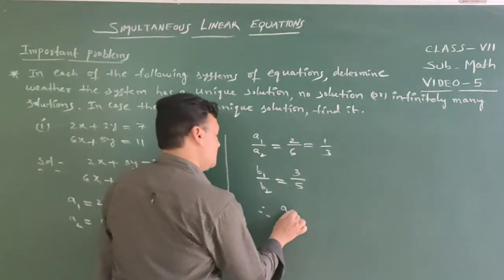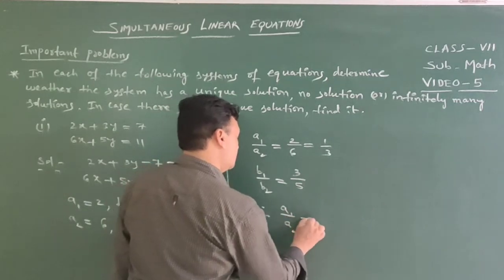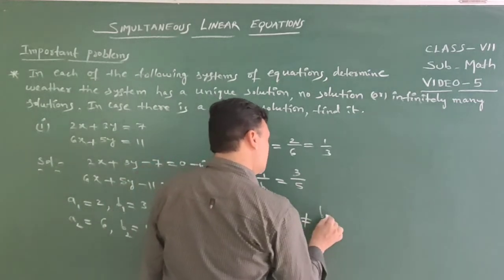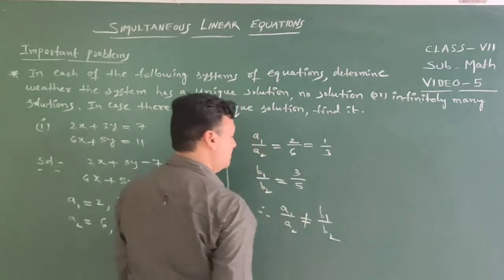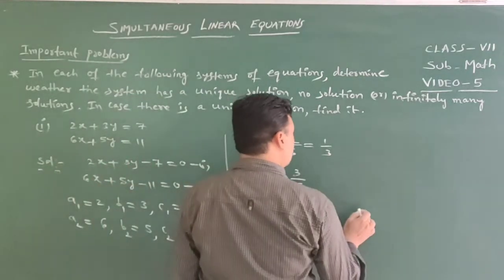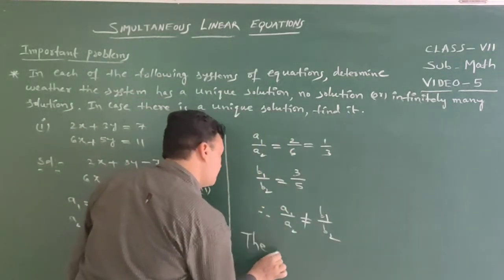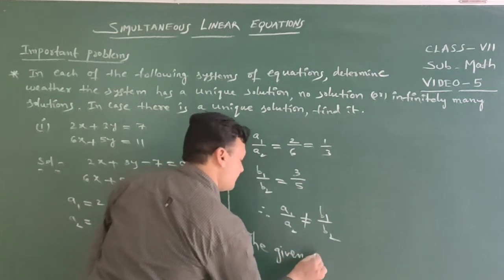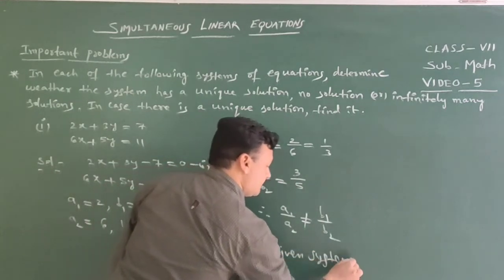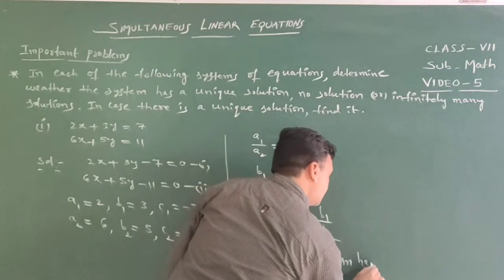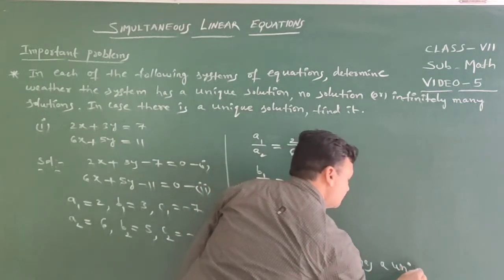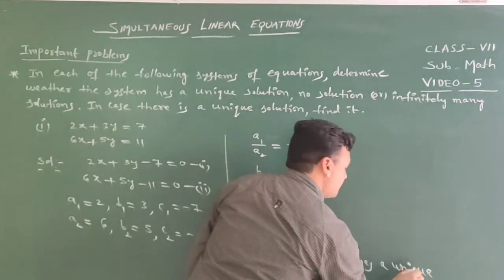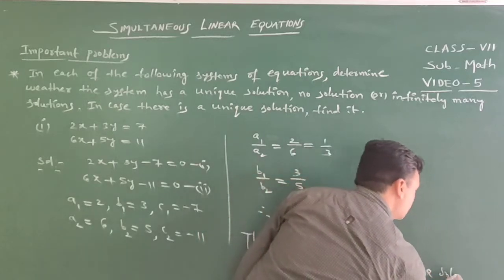Therefore, a1 by a2 is not equal to b1 by b2. The given system has a unique solution.